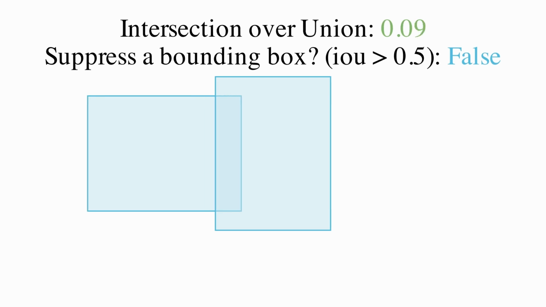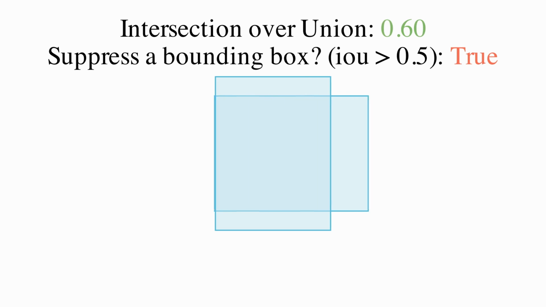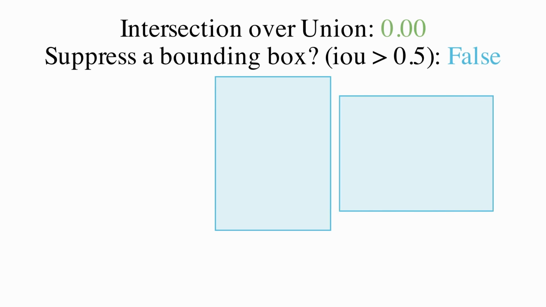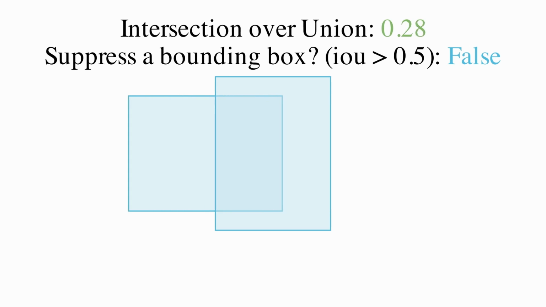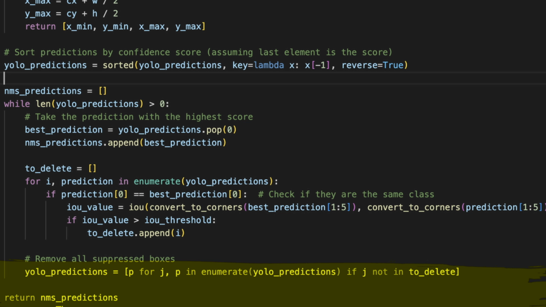If the IOU between the boxes exceeds a predefined threshold, like say 0.4 or 0.6, the box with the lower confidence score is suppressed or pruned away from the final list of bounding boxes. This process is repeated in a loop, and in the end we have a new list of annotations that have pruned away the highly overlapping low confidence bounding boxes from the model's prediction.